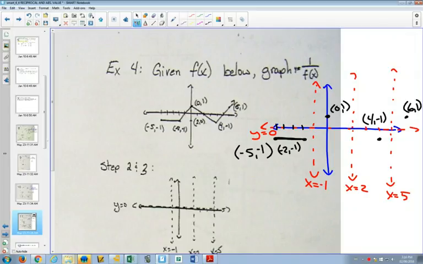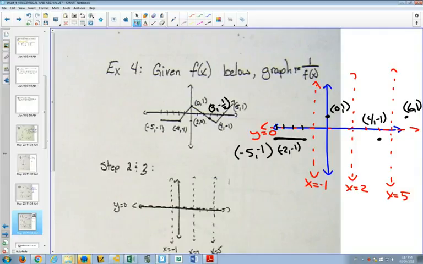Now, technically, we have points in each of our sections. We can draw things to show our asymptotic behavior. We would be able to do that. But if you wanted to, you could do some other points. For example, here, if I have 4, -1 here, it looks like I have 3, -1/2. What happens when you do 1 over -1/2?